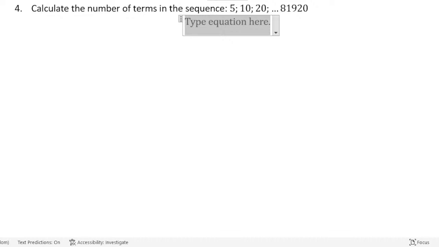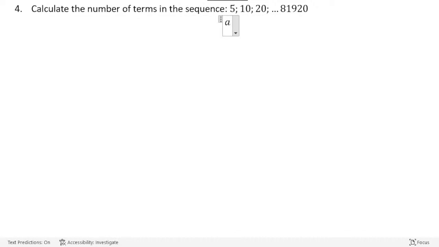And remember, a is always the first term of the sequence. So when we're dealing with arithmetic and geometric sequences, we need the value of a and d for arithmetic, and a and r for geometric. That's what we need.